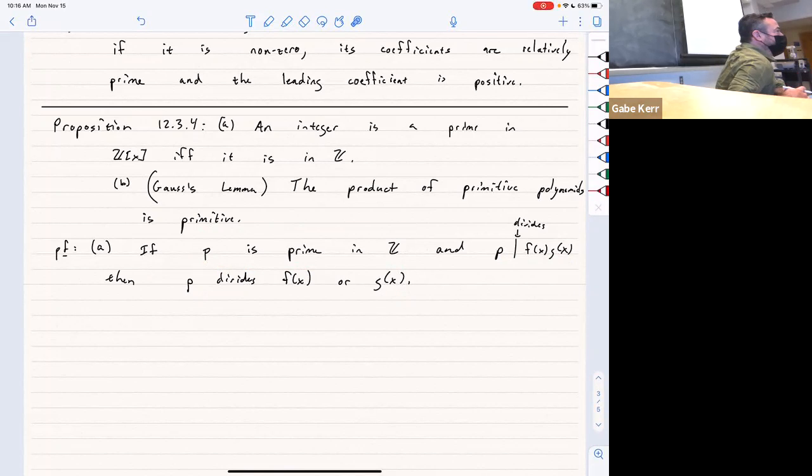We could use the lemma: if P divides some polynomial in Z of X, then it divides all the coefficients. Okay, so let's use the lemma. How do we use it? Let's look. We're assuming that P divides this product here.